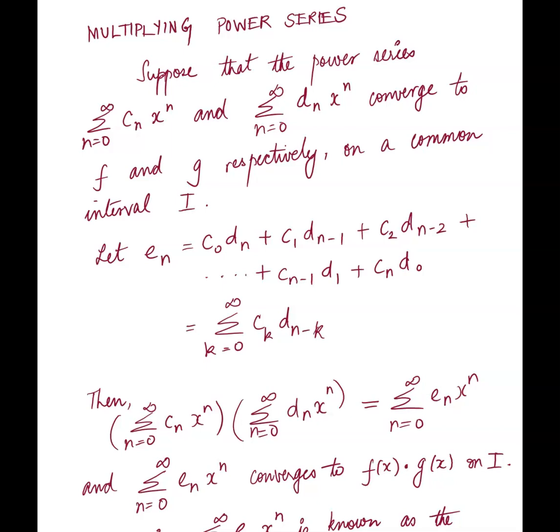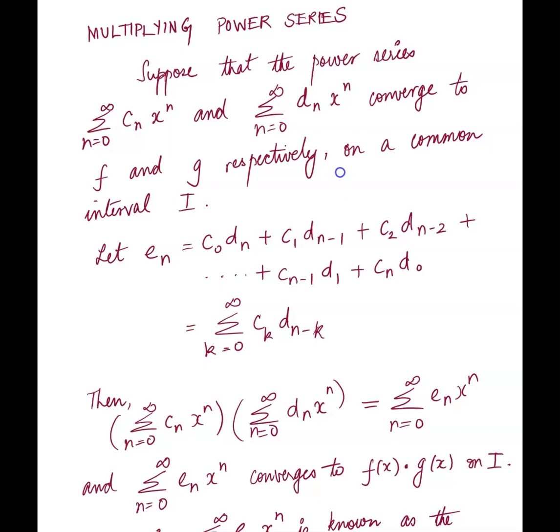If you were to simplify, combine this and write it as a generalized notation, the series would be summation k 0 to infinity Ck Dn-k. Okay, we use k here because we are only trying to define En. Okay, and En has the n in it, but it's generated from k going from 0 to infinity.